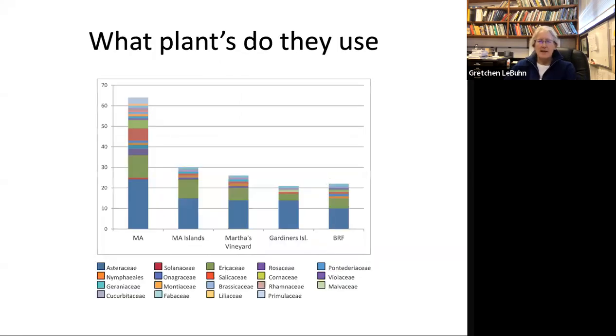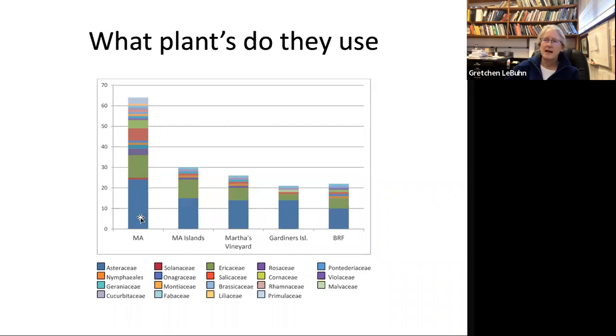And then if you look at what host plants they use, this is a graph of the different plant families that bees are using. And you can see that this blue area here is the Asteraceae.